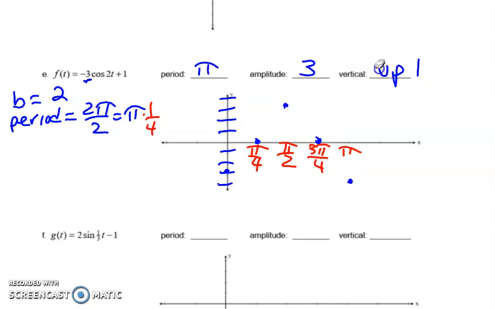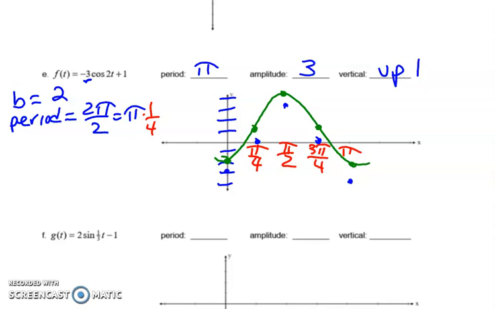Now, the vertical shift is up 1. I'm going to move all the points up 1 because I've already taken care of the period when I did my intervals. So I'll move all the points up 1. So here is our graph.